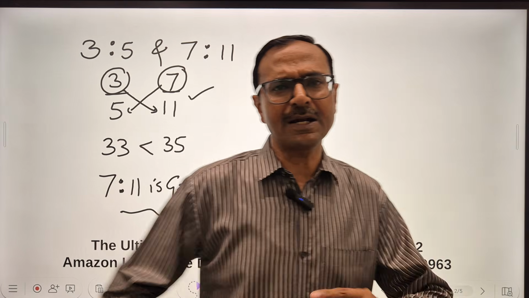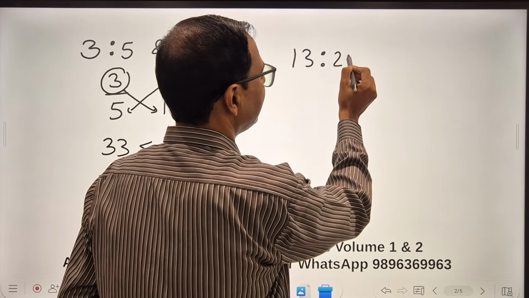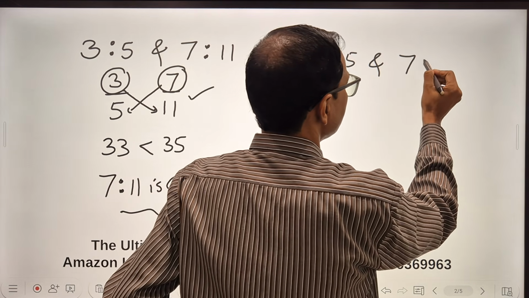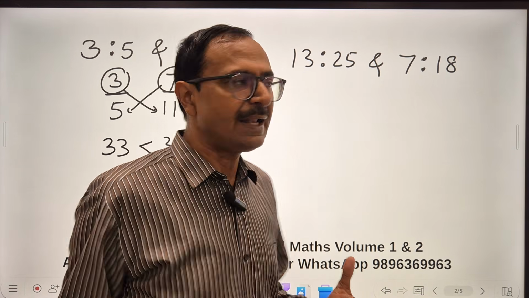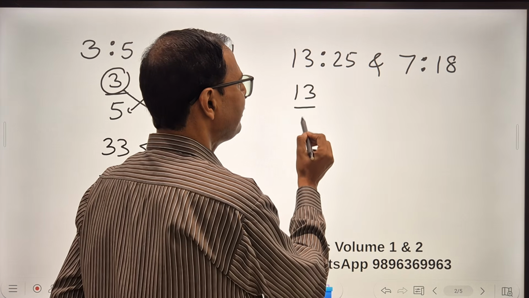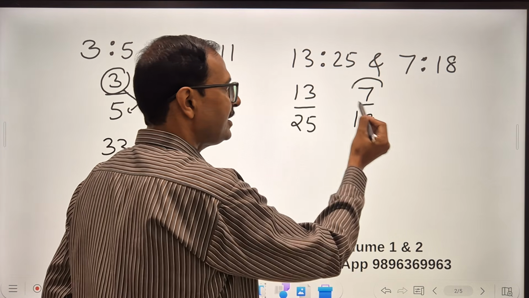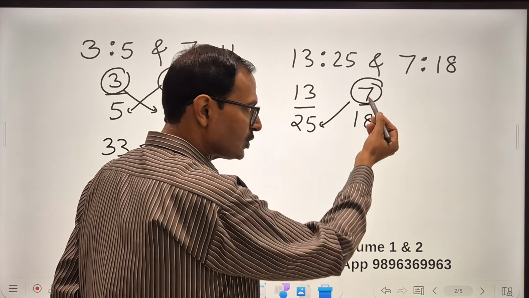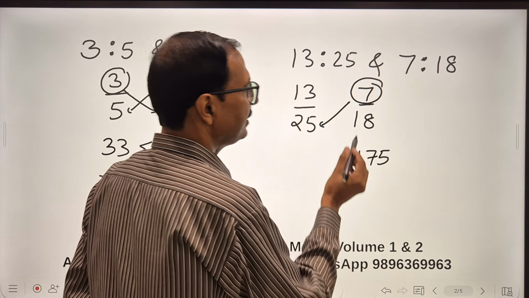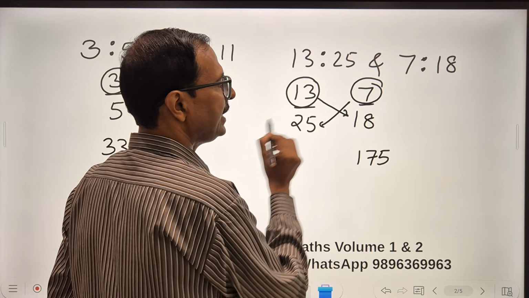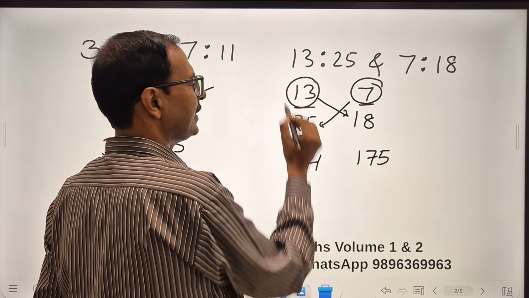Even if the ratios contain larger terms, like suppose you have 13:25 and 7:18, and I want to find which one of them is smaller or larger. I'll write 13/25 and 7/18. Now 7 times 25 is 175, written below 7. And 13 times 18: 18 threes are 54, 18 ones are 18 plus 5, 23, so 234.